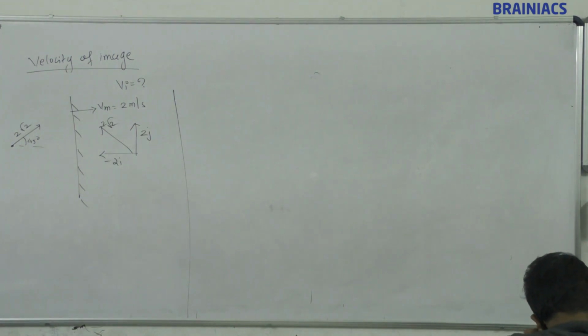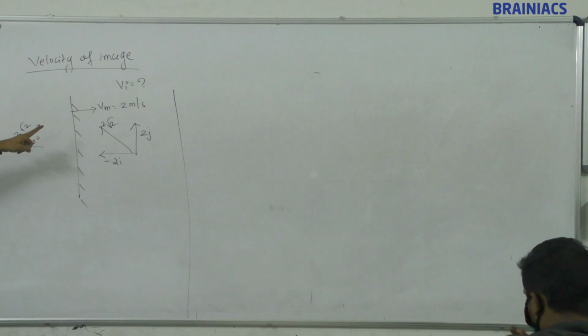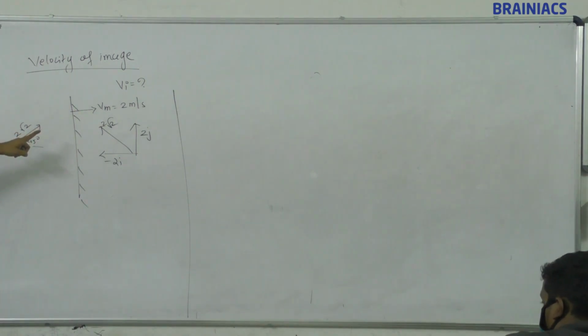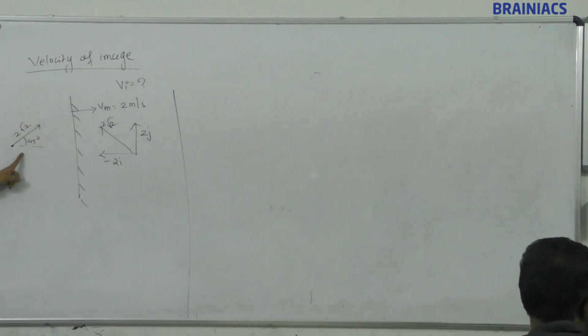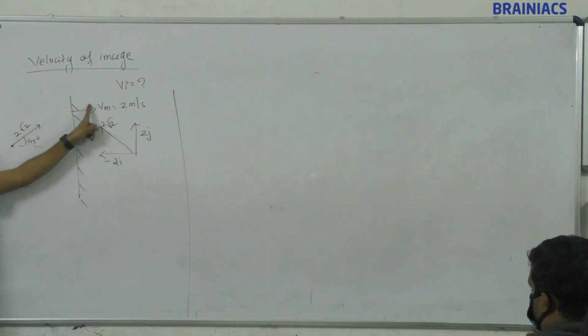But which velocity will be higher? Perpendicular velocity is how much? Minus 2. Sorry, the object is 2 root 2, so 2 root 2 and 2. Are there any relative velocities? No relative velocity, it is 0. It depends upon the speed only. If the object is moving slower and the mirror is moving faster, then only the distance will increase. With cos 45, the object is 2 meter per second, and the mirror is also 2 meter per second.